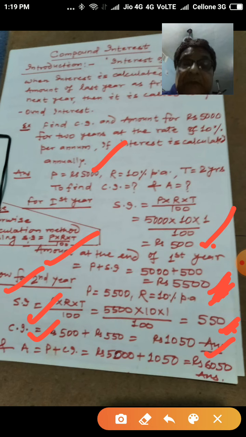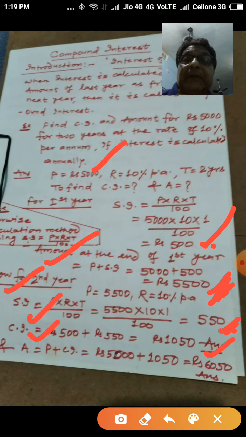Now this is called compound interest, because the interest has been calculated by taking the amount of the last year as principal for the next year. So in this way, the interest we calculate is actually called compound interest, although we have calculated using the formula of simple interest.